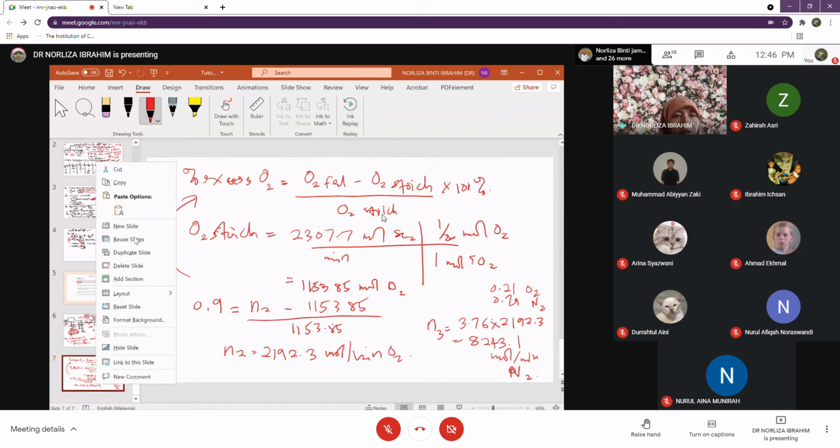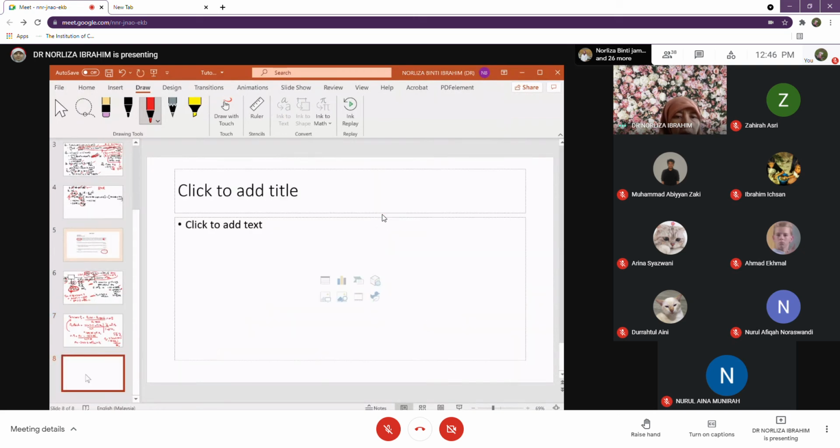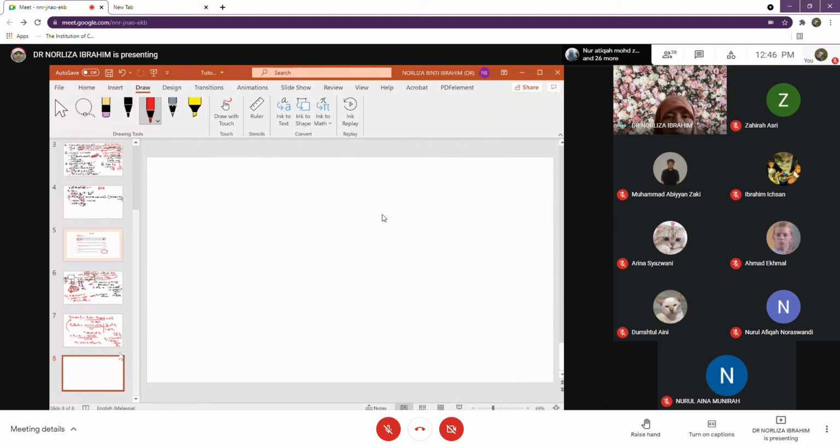If I want to use extent of reaction, I would better use extent of reaction. Why? Because this is the heat of reaction method, so I need to know the extent of reaction. It's not wrong to solve using atomic balance, but later I also need to calculate the extent of reaction. So I better use the extent of reaction method.